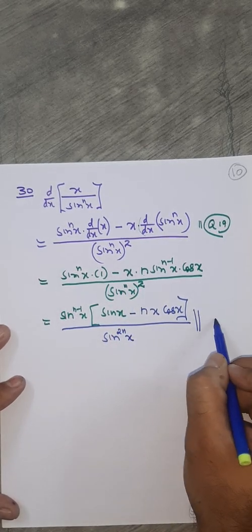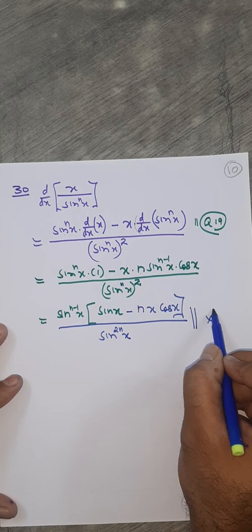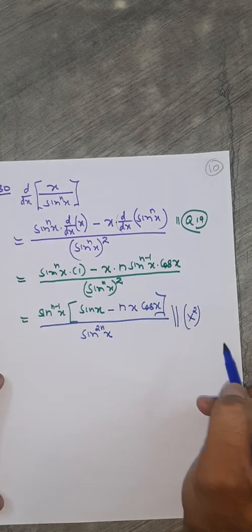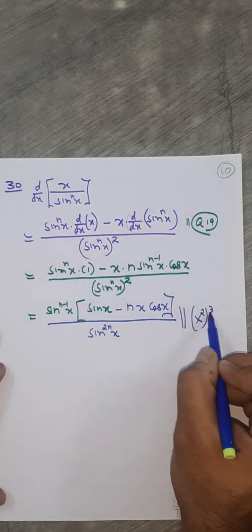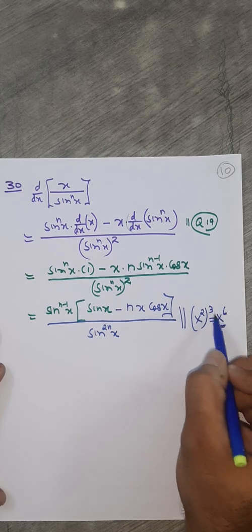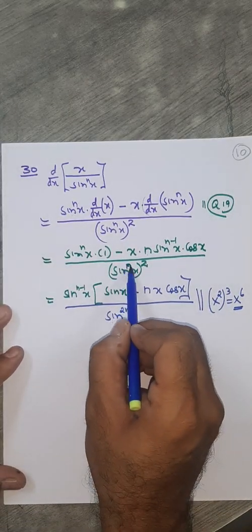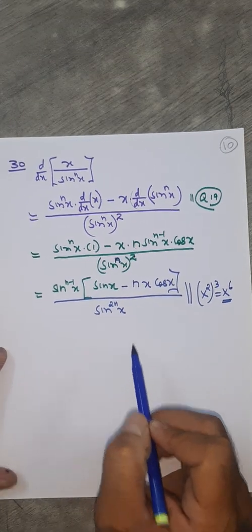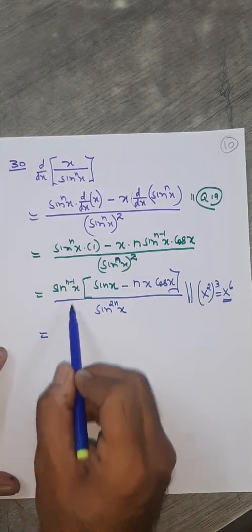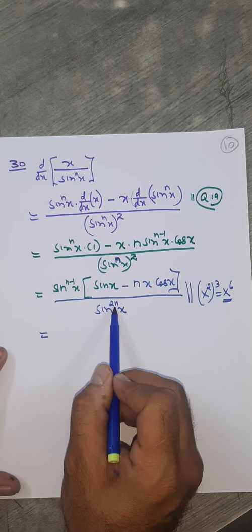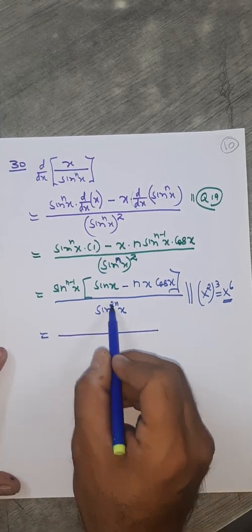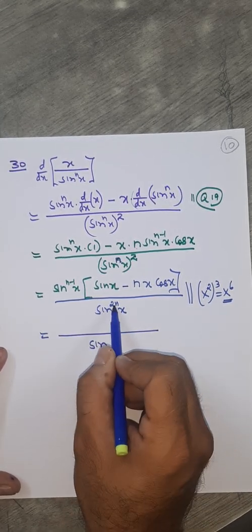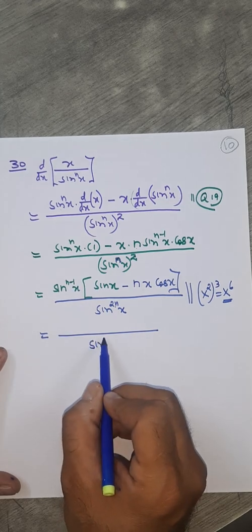You know this. If you have x raised to 2 the whole cube, it becomes x raised to 6. So here this is n power whole square. It becomes 2n, remember. Property of exponents. Now again n minus 1 and 2n. So in the denominator you are left with how much power? n minus 1 and n will get cancelled.